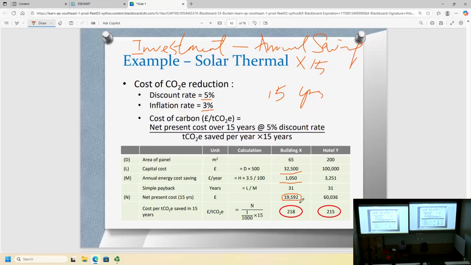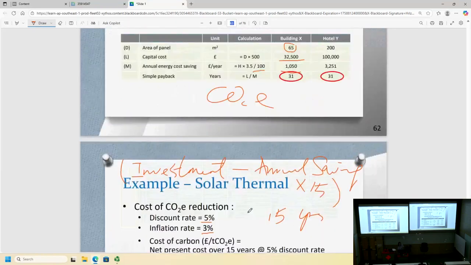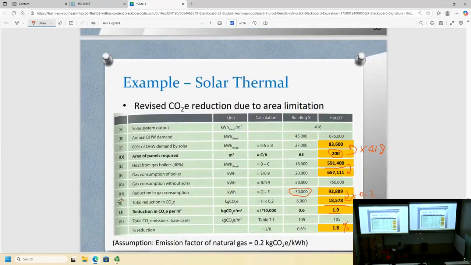So let's say after the calculation, this net present value is calculated to be 19,000 pounds. And the reduction of carbon dioxide in 15 years will be, so here this is not 1, this is I. Item I is the total reduction in carbon dioxide in 1 year. For building X, it would be 6,000 kg of carbon dioxide equivalent.